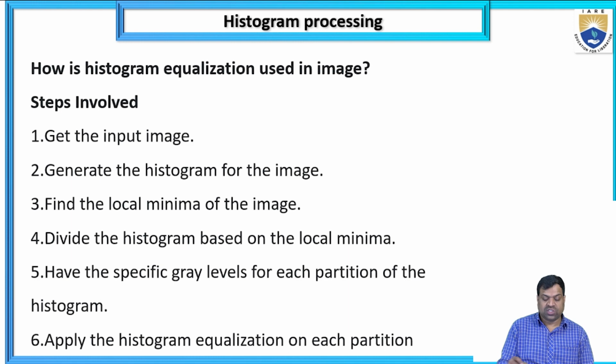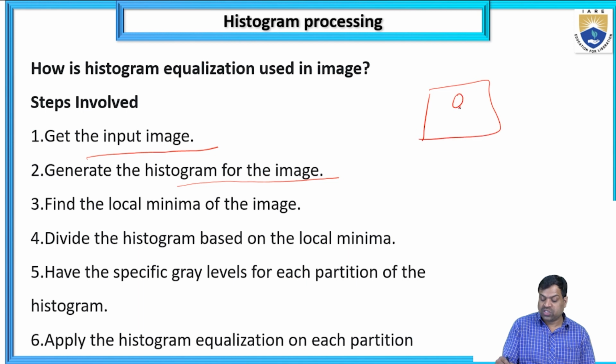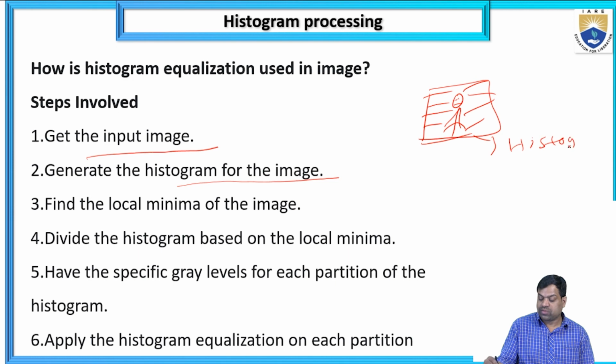So how is histogram equalization used? What are the steps? First get the input image, and generate the histogram for the image. After that, find the local minima of the image. Next, divide the histogram based on the local minima.